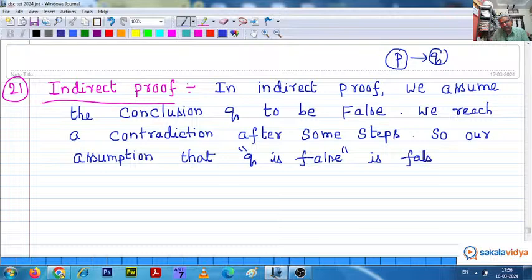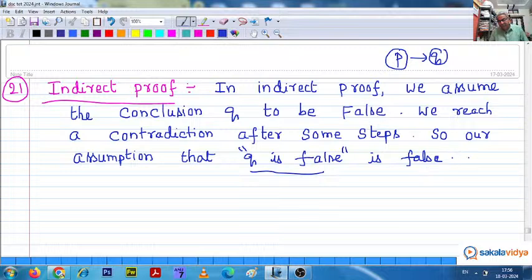That means whatever our assumption is, we are going to prove that it is false. So, then Q is false will be established.